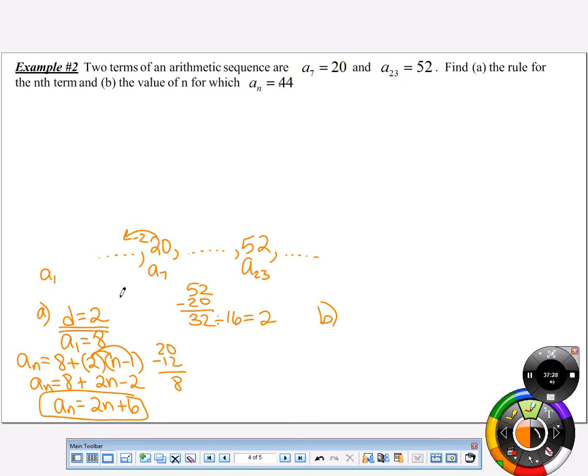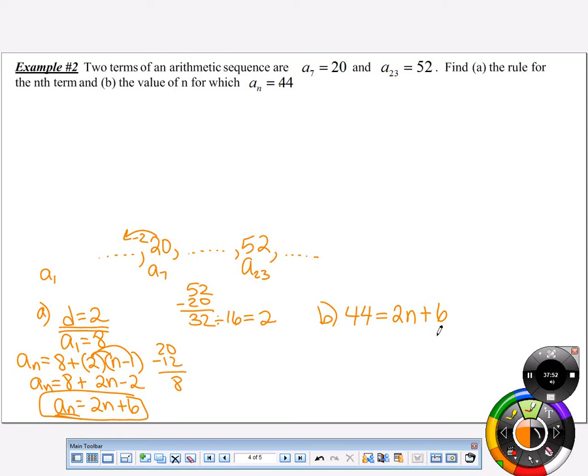So formula-wise, using the explicit formula, it literally means that where a sub n is, you're going to plug in 44, because it says a sub n equals 44, or you know the term is 44. You know this is the rule to get that term, so you're going to use this to solve for n, meaning figure out what somebody must have plugged in for n in order to get 44.